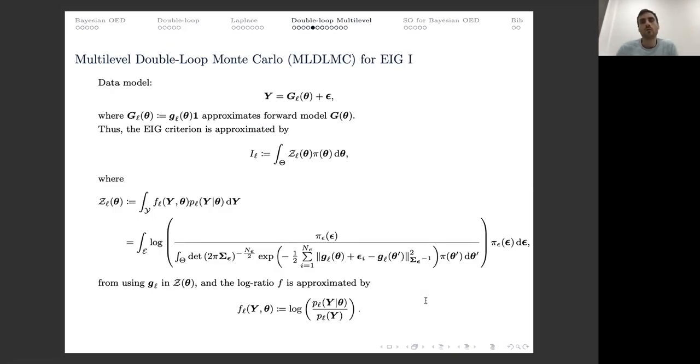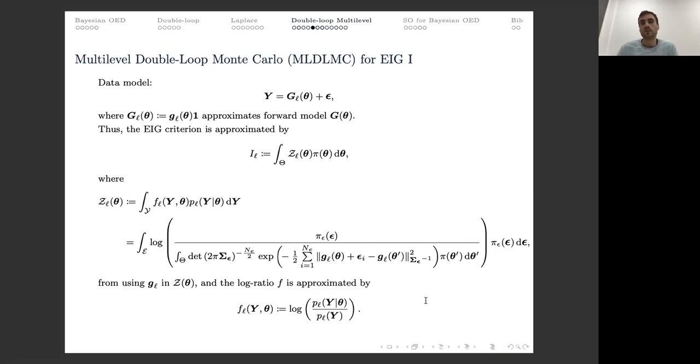Now I rewrite the collection of data, capital Y, as capital G plus epsilon, and this capital G is just G_L times the identity, just to simplify notation.